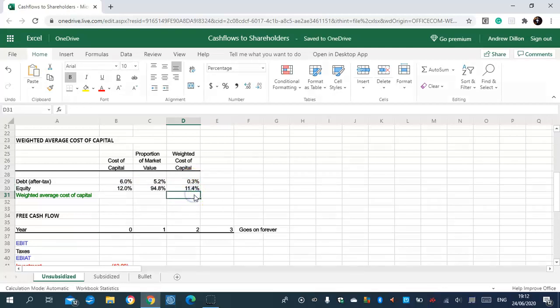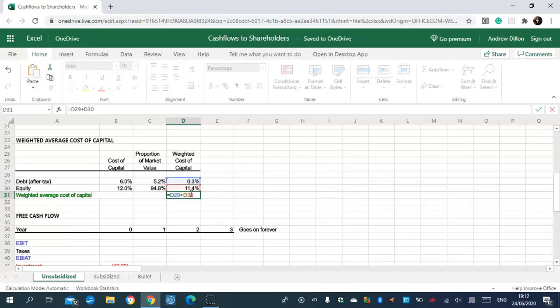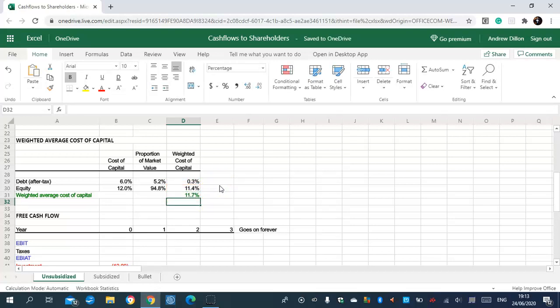Alright, now let's calculate the weighted average cost of capital. So simply the percentage on the weighted cost of capital on D29 and D30. Okay, so that's weighted average cost of capital completed.